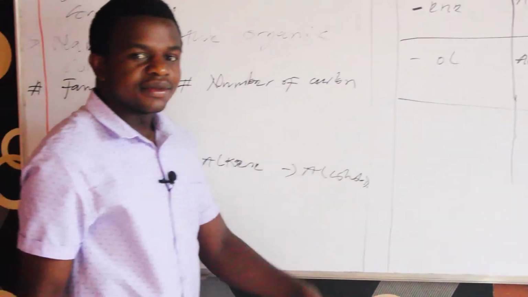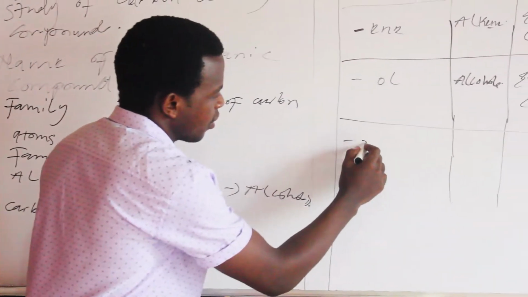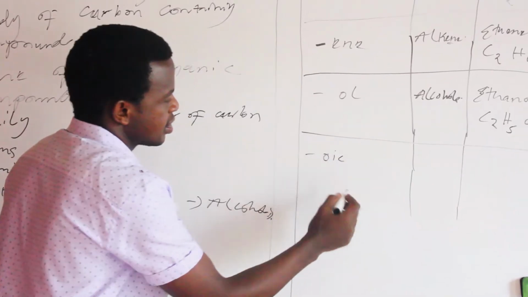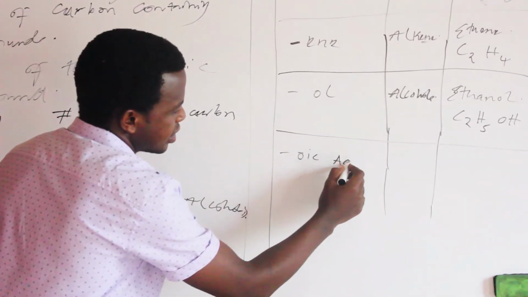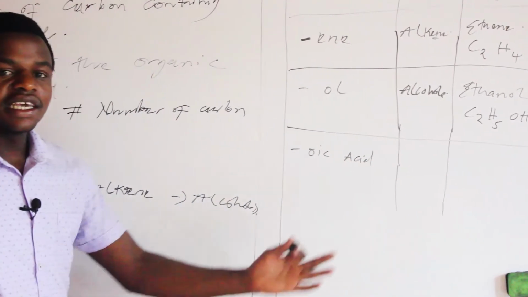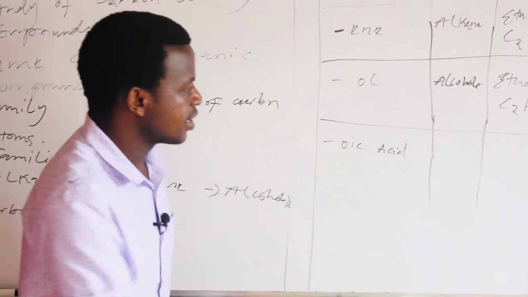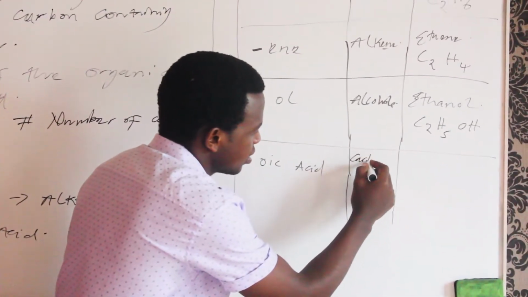Then if the name ends with OIC and an acid, that means it belongs to the family of the carboxylic acids.